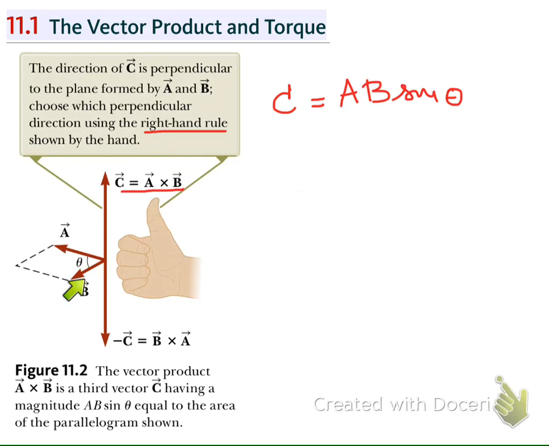A points along the forefinger and B points out of the palm, and if you switch the positions of A and B, it will point in the opposite direction. So we have that A cross B is equal to the minus of B cross A. That is one identity of the cross product.